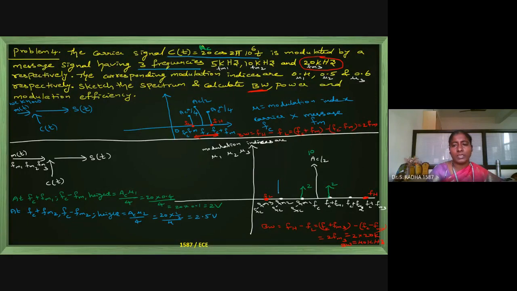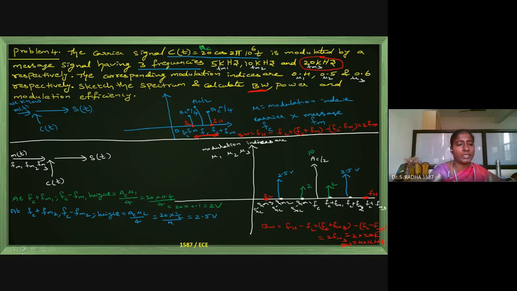So at FC minus FM2 and FC plus FM2, it is 2.5 volts, 2.5 volts.